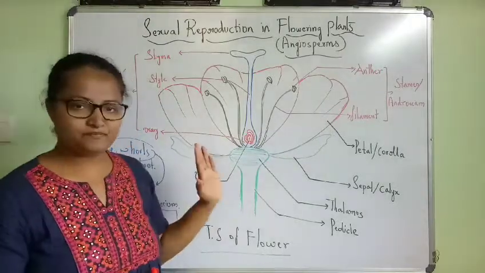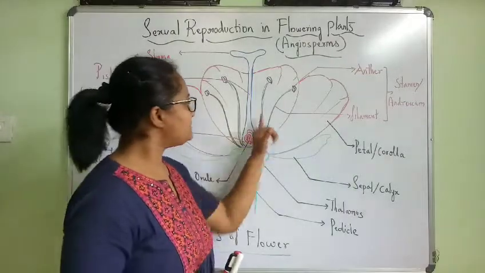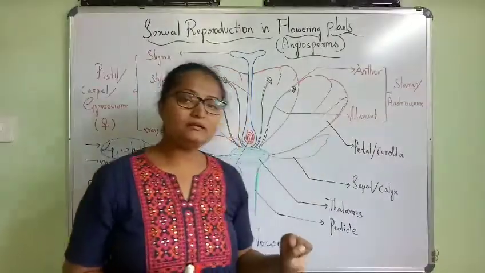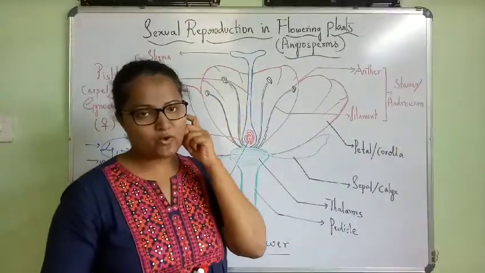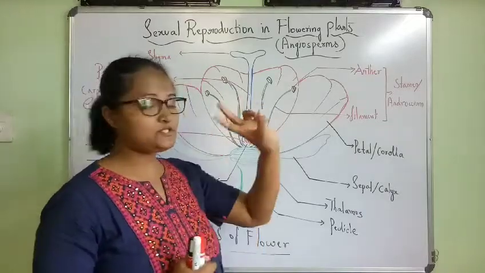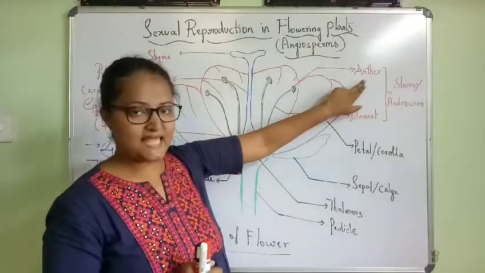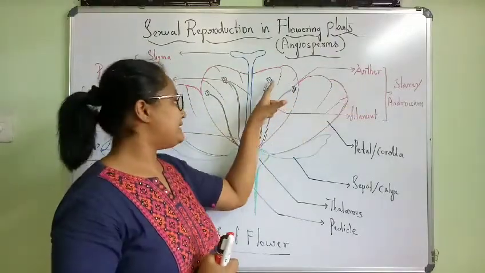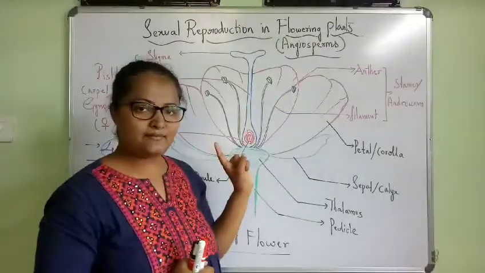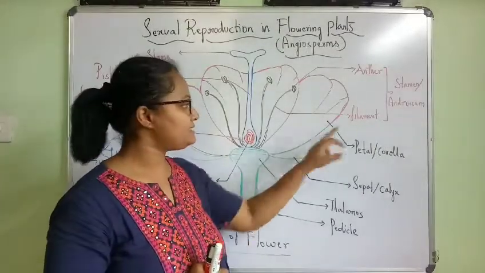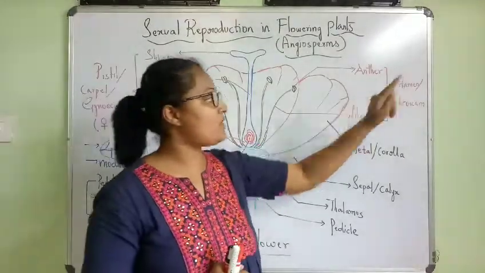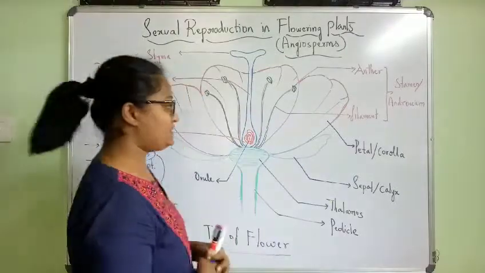Next comes the androecium, also called the stamen. It consists of two different parts: the bilobed portion called the anther, attached to a long, slender stalk called the filament. Together it is called a stamen or androecium.